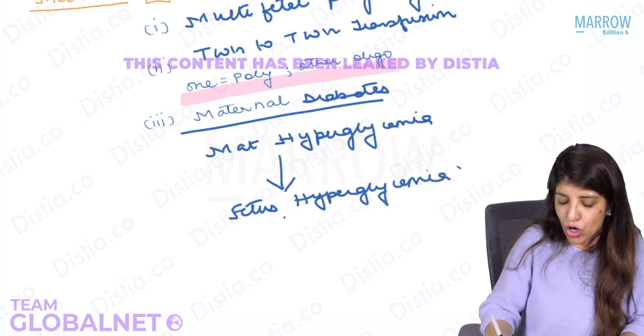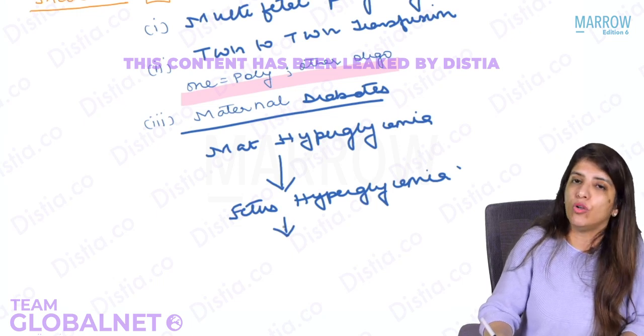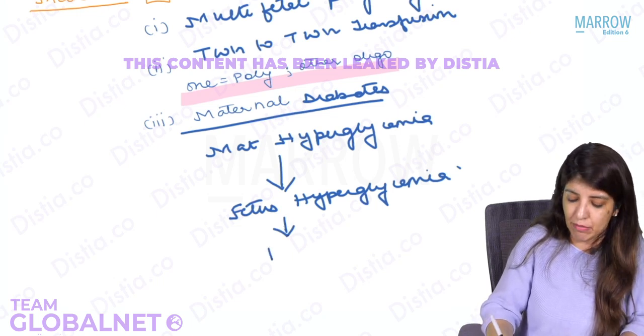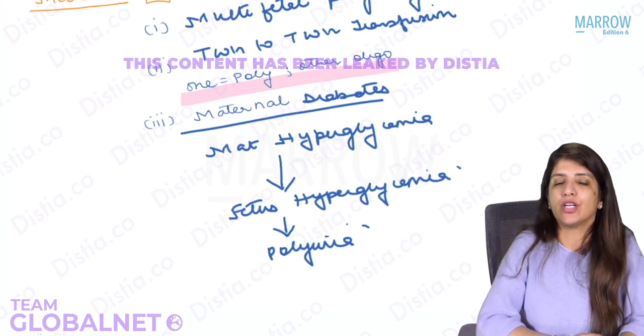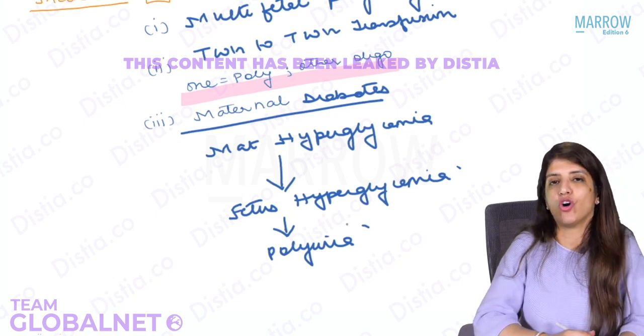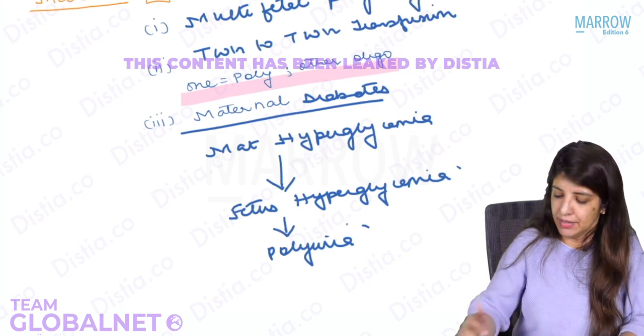Right? And because of this fetal hyperglycemia, all of you know that whenever there is hyperglycemia, there will be polyuria. Right? So the third condition where you get increased urine production which leads to polyhydramnios is maternal diabetes.